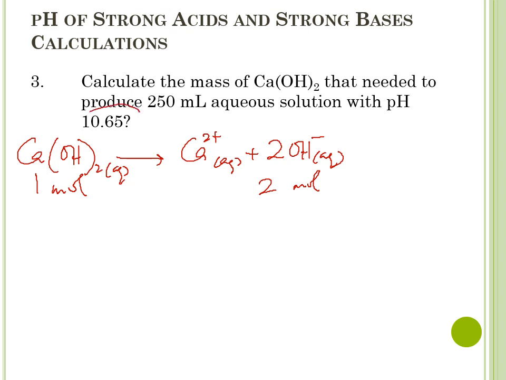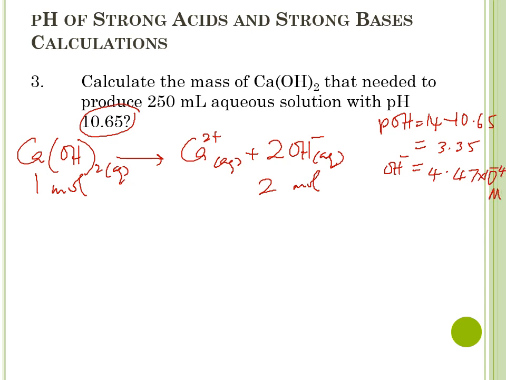We find from the pH. So pOH is equal to 14 minus 10.65, that is 3.35, and the OH- concentration would be 4.47 times 10 to the power of negative 4 molar.